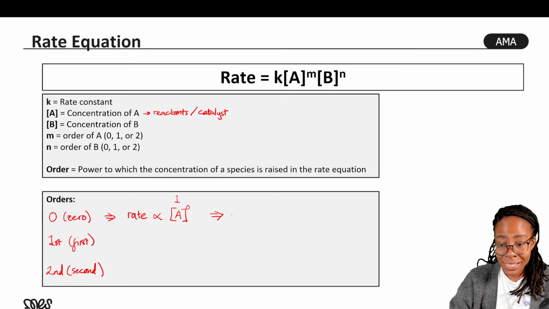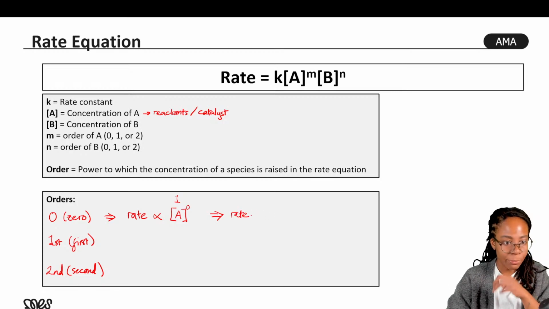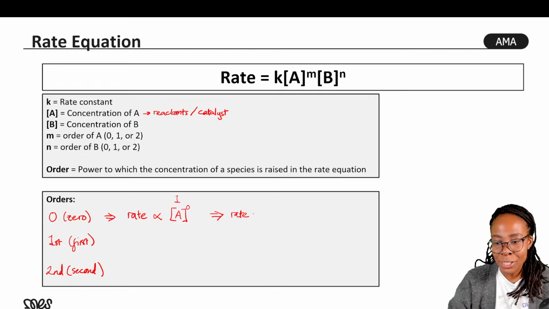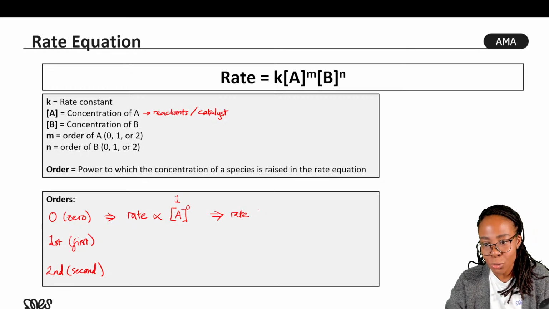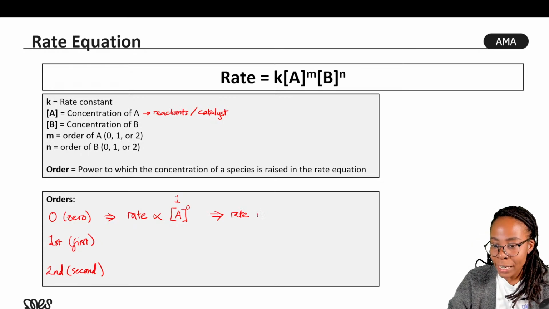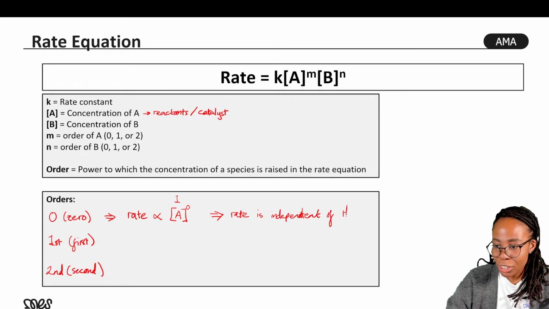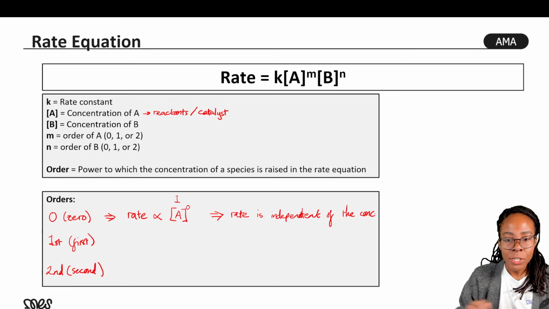So essentially, if the rate is zero order with respect to the concentration of one of our reactants or catalysts, it means that the rate is independent of the concentration. So zero order means the rate is not going to depend on the concentration at all.